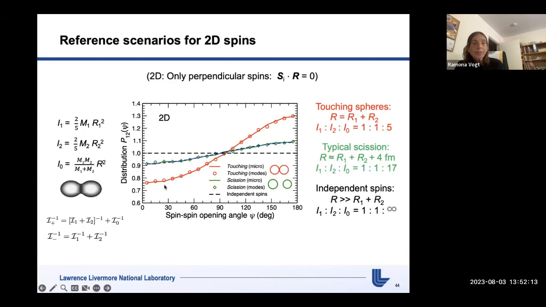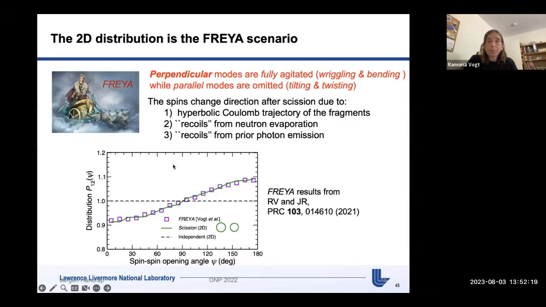If they're touching, you get a stronger correlation, and this regular fission configuration is pretty much corresponding to the Freya scenario. There may be differences due to the Coulomb trajectory of the fragments, and in fact this is something that's being studied right now. Recoils from the neutron evaporation and from prior photon emission.